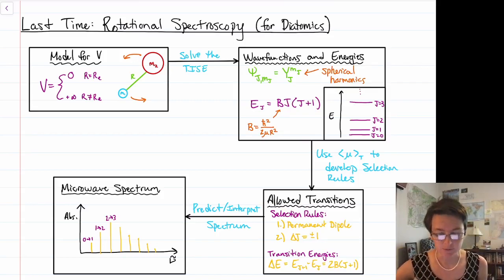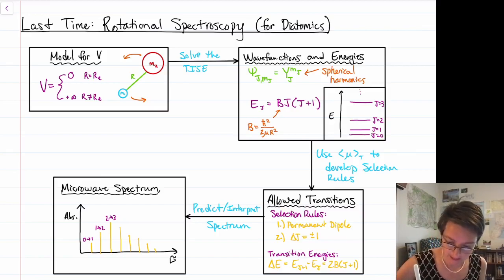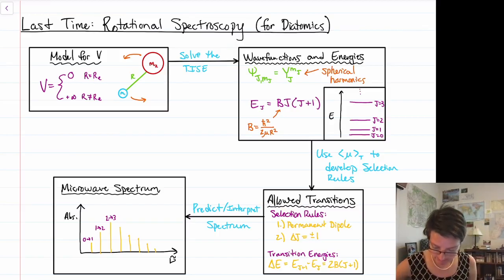How that relates to our microwave spectrum is that various peaks in the microwave spectrum can be assigned to different rotational transitions. At room temperature, rotationally excited states are naturally present, and so unlike vibrational spectroscopy, we got more than one peak. We can also use our delta E expression to assign what energies correspond to these transitions, and we see that the energies go up in increments of 2B.